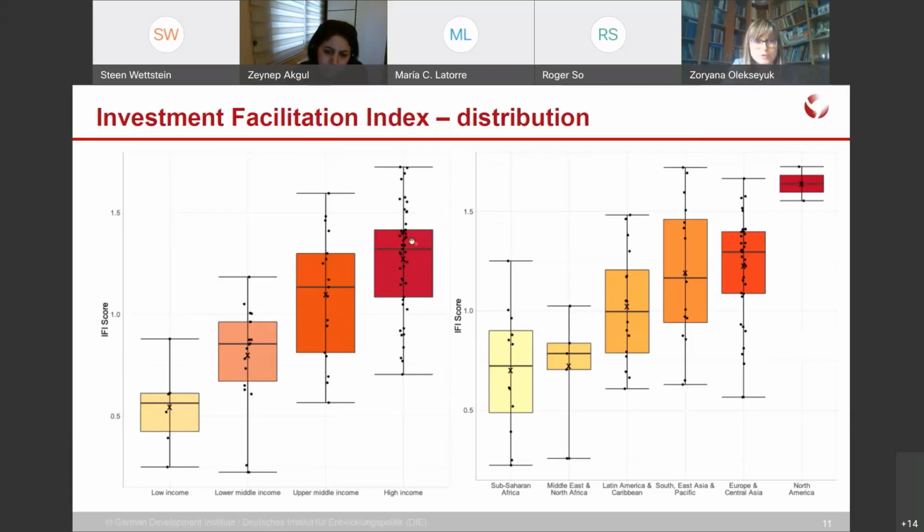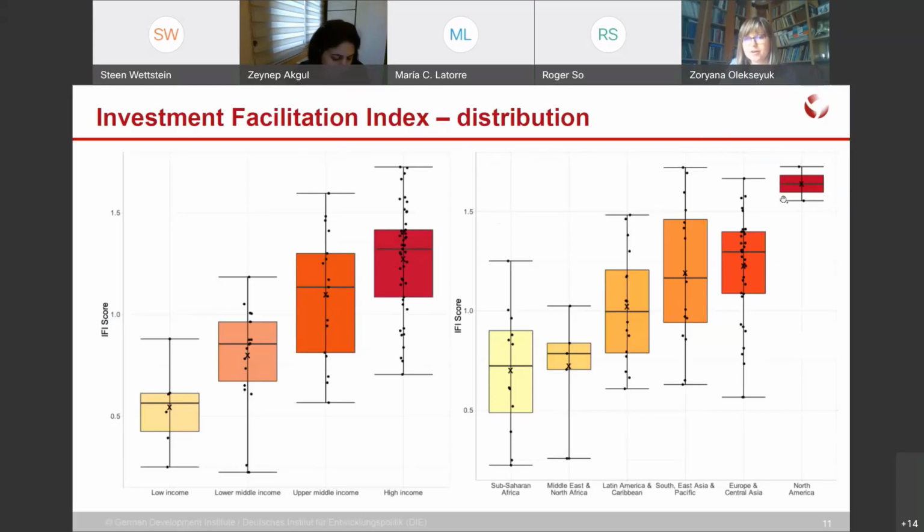And even though there is still improvement possible, the most problematic regions in that case are Africa and to some extent Latin American countries. So that's where we see where the implementation gap really exists and where strong improvements are possible.